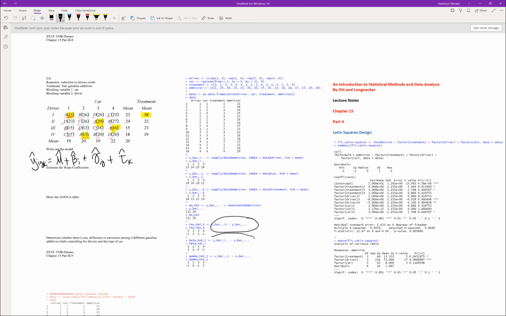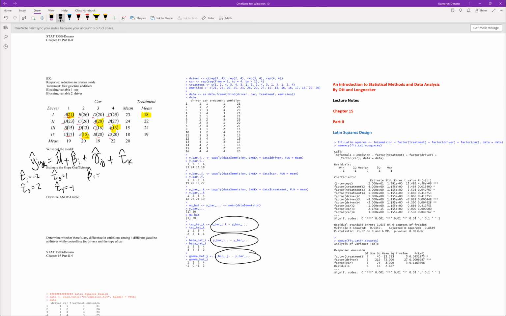Okay, so our tau hat 1 is equal to -2, tau hat 2 is 2, tau hat 3 is 1, tau hat 4 is -1.